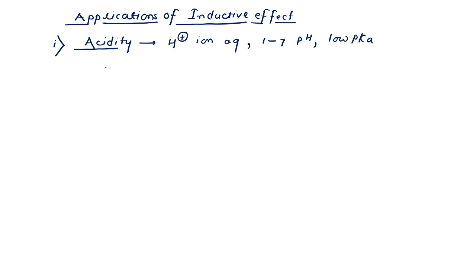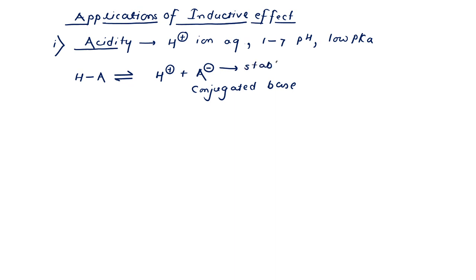Now if you want to prove this, consider this is an acid. When that acid dissociates, you will get H plus and its conjugate base. Now when this acid is stronger, this conjugate base must be stable.